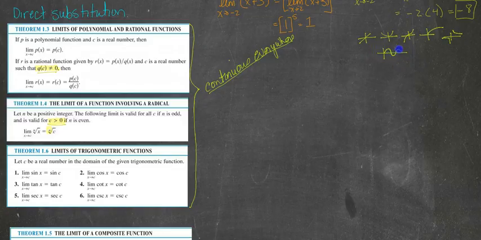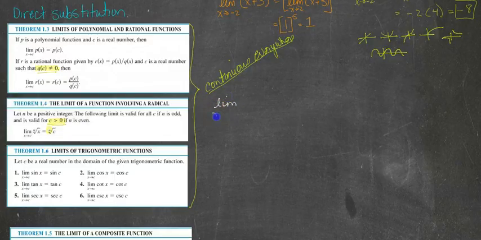Sine was continuous and would go in the opposite direction, and the same thing for cosine. They were all continuous, and because they're all continuous, we don't have any danger of choosing an x input value that's someplace undefined. So we can just plug in, use direct substitution, and find out what the limit would be at that point. So let's do an example of a radical.